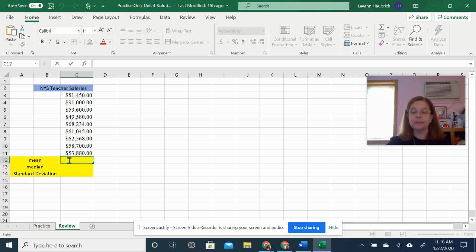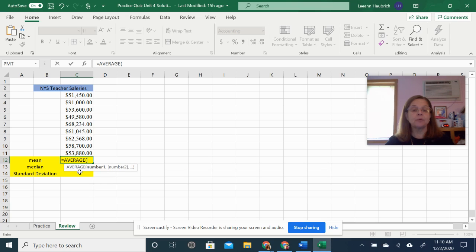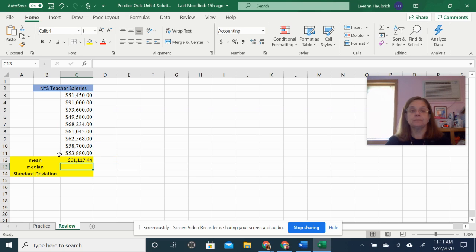So I'm going to start with the equal sign, and I have to type average, AVE, and you see the second one down, it says average. Double click it. It will automatically open parentheses. I click on the first one, hold it down, drag to the bottom one, let it go, close parentheses, hit enter. The next question is about the median.